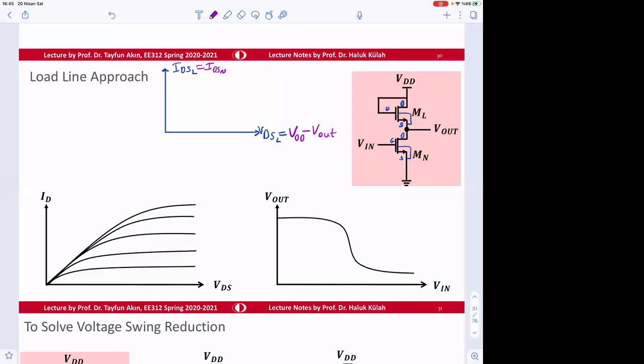Now, for that transistor, I drain to source of L is equal to Kn of L divided by 2 times V gate to source of L minus Vtn of L squared.